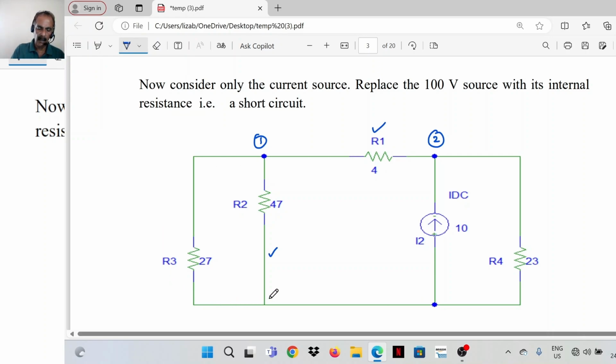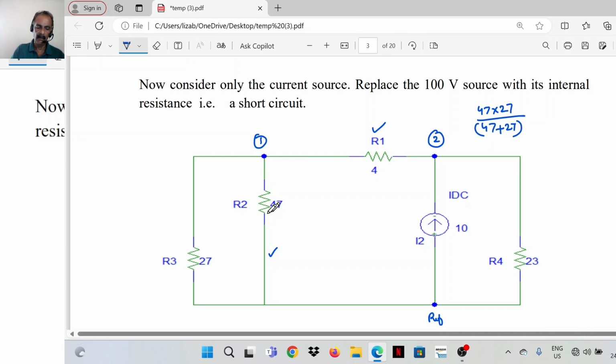So what is the equivalent of the resistors on the left side? Equivalent of R3, R2 and R1. On the left side, say take this as the reference point. On the left side, there are three resistors, R2 and R3 in parallel. Equivalent is R2, R3 divided by R2 plus R3. That is 47 into 27 divided by 47 plus 27.